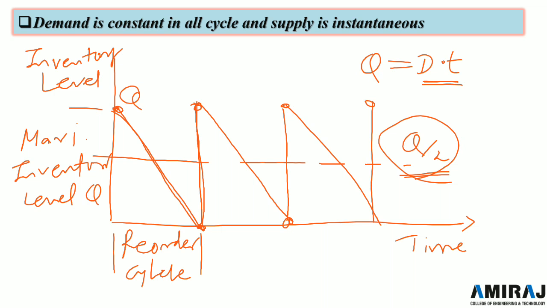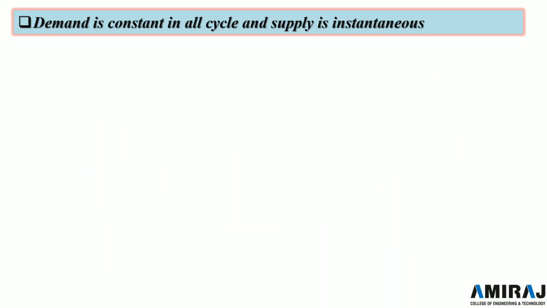So CH will be the holding cost. Holding cost is equal to Q by 2 into CH, that is, average inventory into carrying cost per unit time.